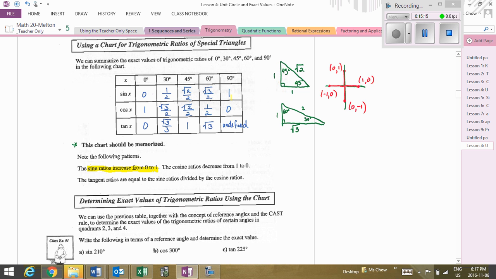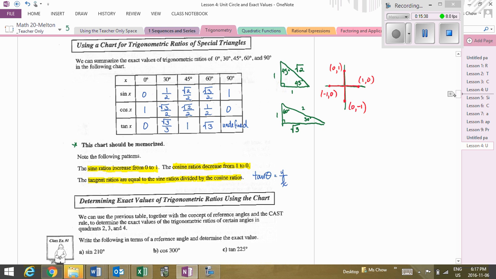Cosine of these angles are exactly the opposite. So those cosine ratios are decreasing from 1 to 0, and the tangent ratios are equal to the sine ratio divided by the cosine ratio. But we also knew that because we knew that tangent of theta was always equal to y over x.